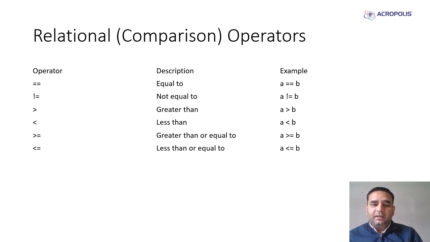Then the greater than operator, less than operator, greater than or equal to operator, and less than or equal to. All these operators are used in conditional statements to find whether two values are equal or not, or greater or less. The output of these operations is either true or false.